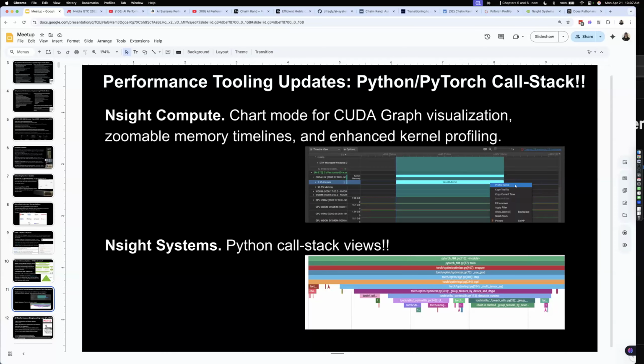Okay, and then I think this is the last slide. There have been some major updates to Nsight Compute and Nsight Systems. If you're not familiar, these are kind of the equivalent of the PyTorch profiler that Chaim was talking about in the first talk. I spoke to tons of people at NVIDIA about this.